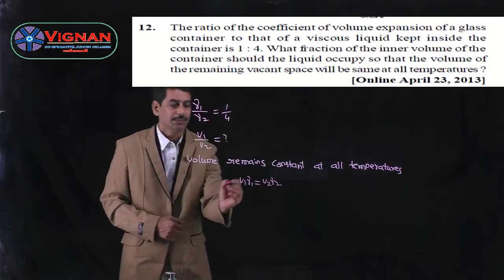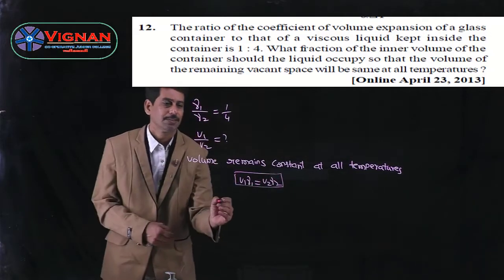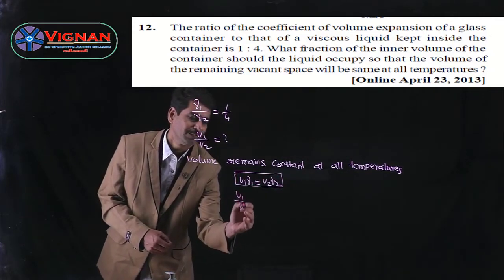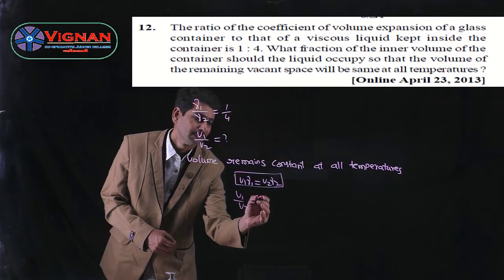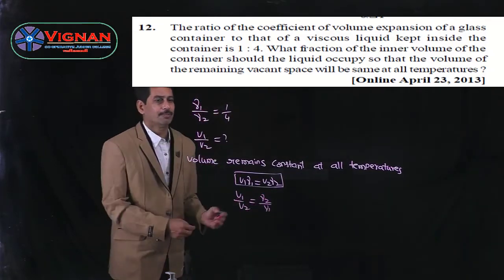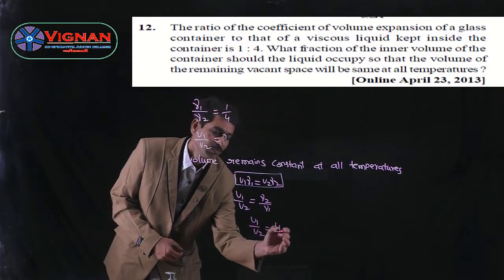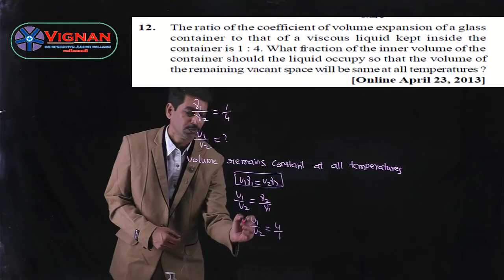So this is the condition that the volume remains constant at all temperatures. And V1 by V2 is nothing but gamma 2 by gamma 1, and gamma 1 by gamma 2 is given as 1:4. So here V1 by V2 is equal to 4:1. So this is the ratio of volumes.